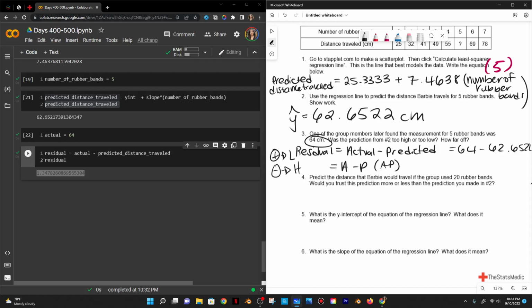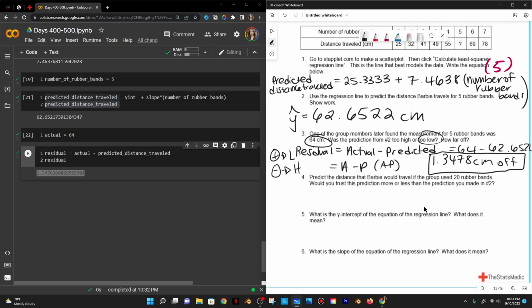Because if you have a positive difference, that means your actual value was bigger and your predicted value was lower. And if you have a negative difference, that means your actual value was smaller than your predicted value. So the actual answer: it was too low, and it was 1.3478 centimeters off, and that would be my residual.